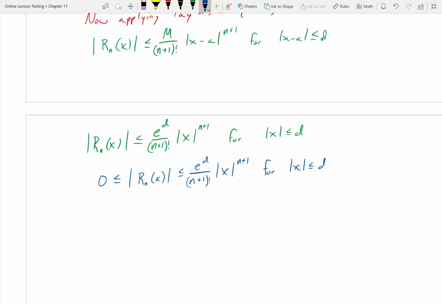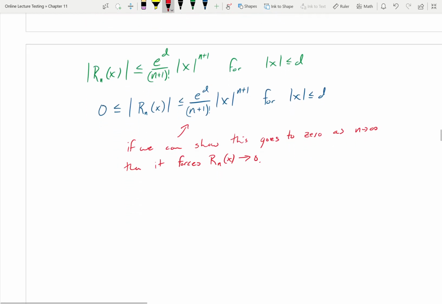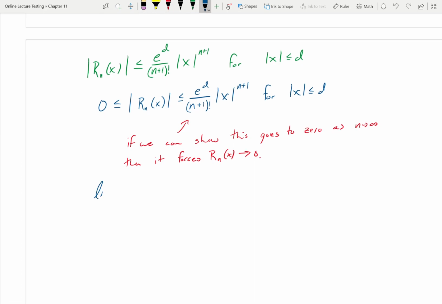If we can show this goes to 0 as n approaches infinity, then it forces r sub n of x to approach 0 as well. So let's apply the squeeze theorem.